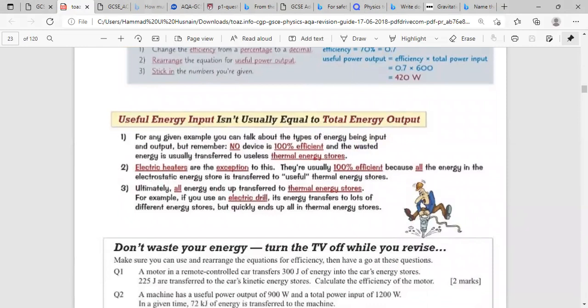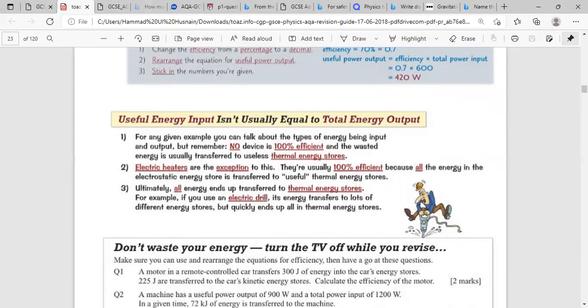It's again saying the same thing, that mostly the input we give to a system will never be converted completely to useful work. So the total energy output will never be equal to the useful energy input. It again says that we will have certain losses.